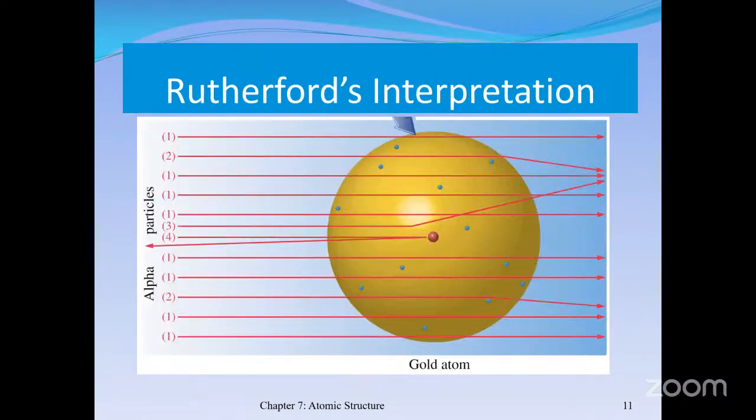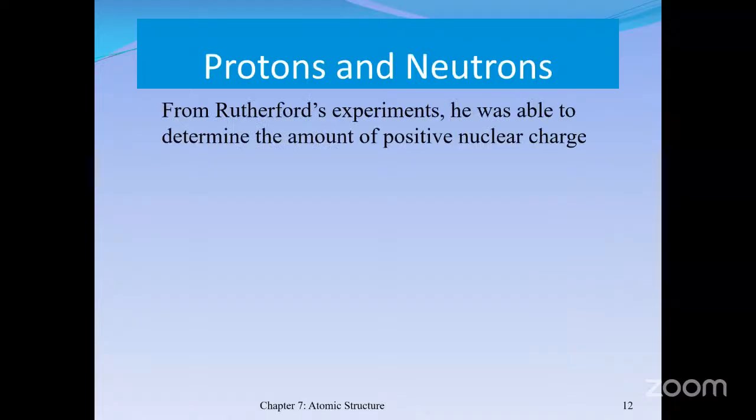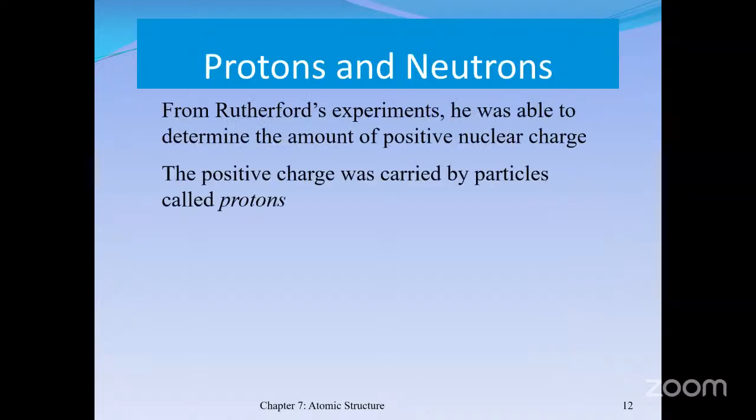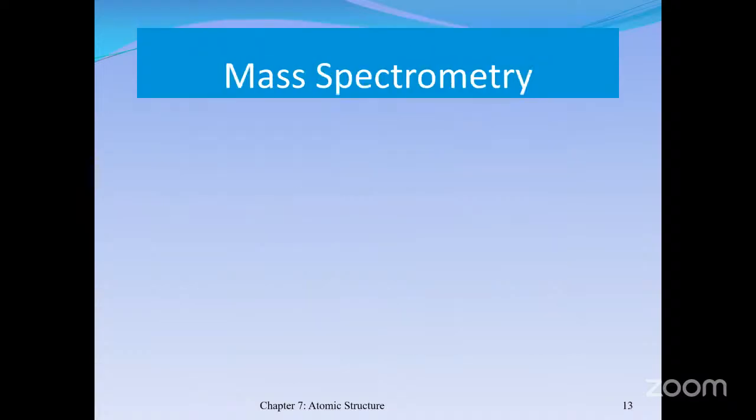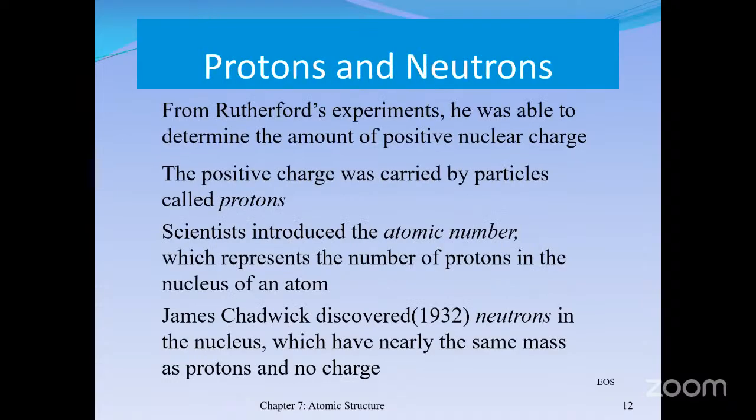So between 1909 and 1932, it was found that there's some sort of discrepancy in that the mass of the atom is not accounted for by just the mass of the protons and electrons, right? So people were curious about what accounts for that difference. But it took a while for the third particle to be discovered.